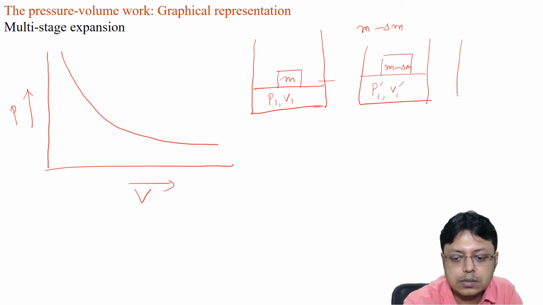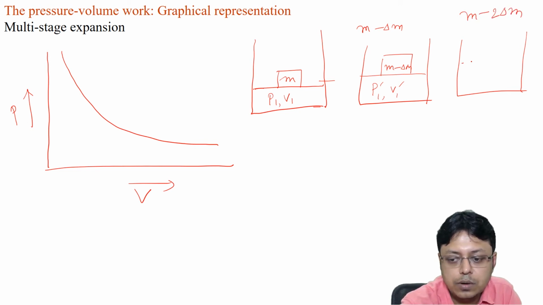In the second case, we'll again reduce the mass by another delta M amount, so that the mass is now M minus 2 delta M, something like that. So the pressure will be even less, so the gas will further expand.